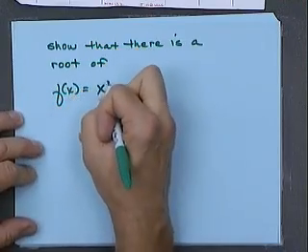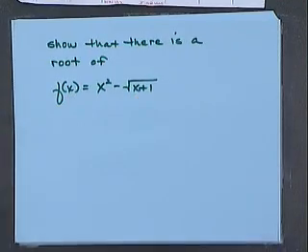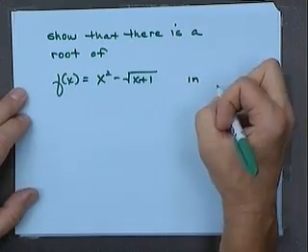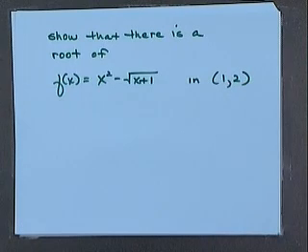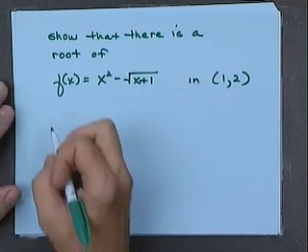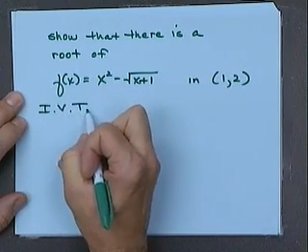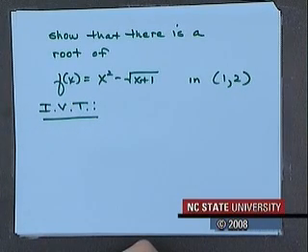So we have a function. Here's our function, and there's our closed interval. We want to use the intermediate value theorem to show that there is a root.